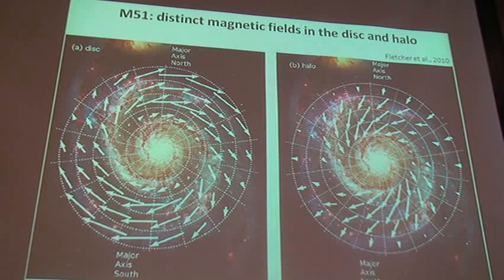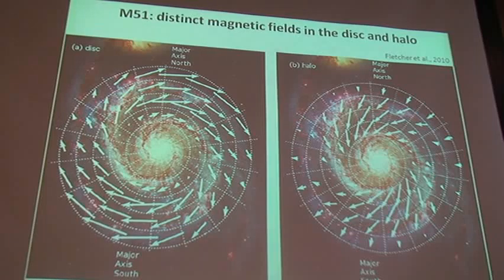Since we have two pairs of wavelengths, for reasons I will not mention now, I will just make a statement: waves of different wavelengths originate from different depths in the galaxy. The galaxy is transparent to 3 and 6 centimeters regular emission. But we had another pair of wavelengths at 18 and 20. At those wavelengths, polarized emission doesn't penetrate far, and we only see the upper layers.